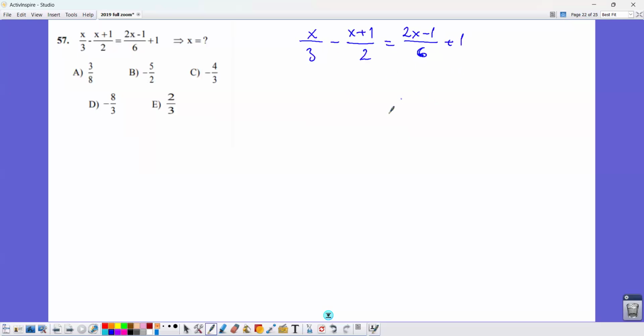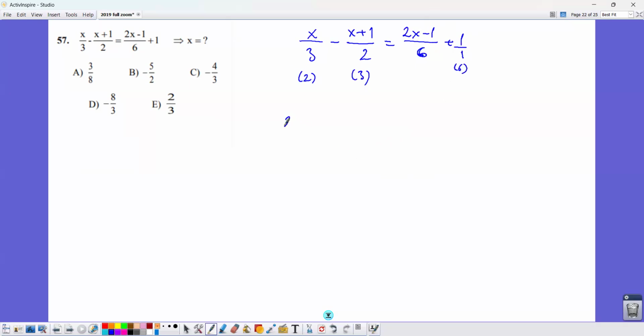So in these kind of questions, firstly, we need to add or subtract the fractions. So to add or subtract the fractions, we need to make the denominators same. So in the first one, I have 3 and 2. So first one, I'm multiplying by 2. Second one, I'm multiplying by 3. In the other side of the equation, here I have 1. This is 6. So this one, I'm multiplying by 6.